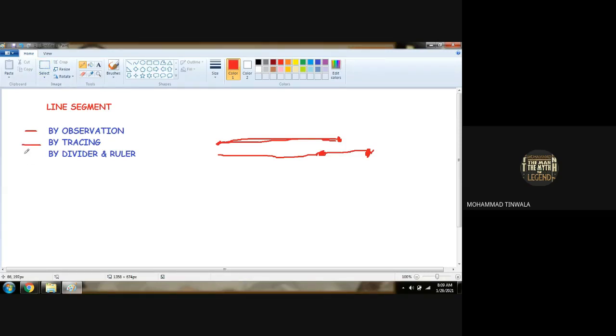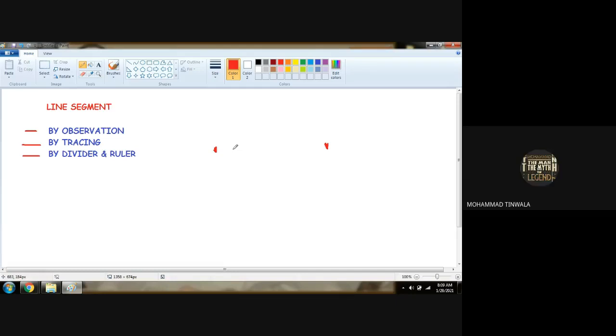And the third we can compare is divider and ruler. Do you know what is divider? I explained you while doing exercise 5.1. Divider means there is two end points. We know the rounder, the compass, with a pencil nib and a sharp pointed thing.